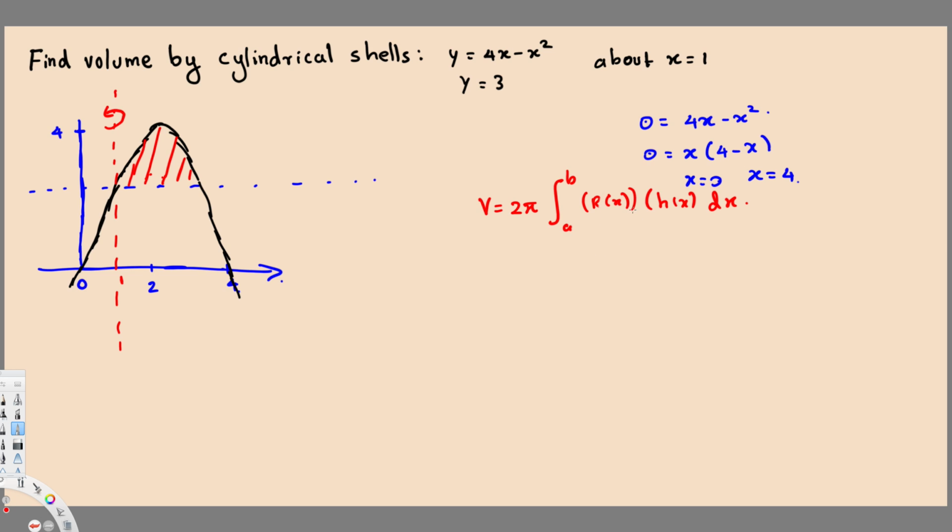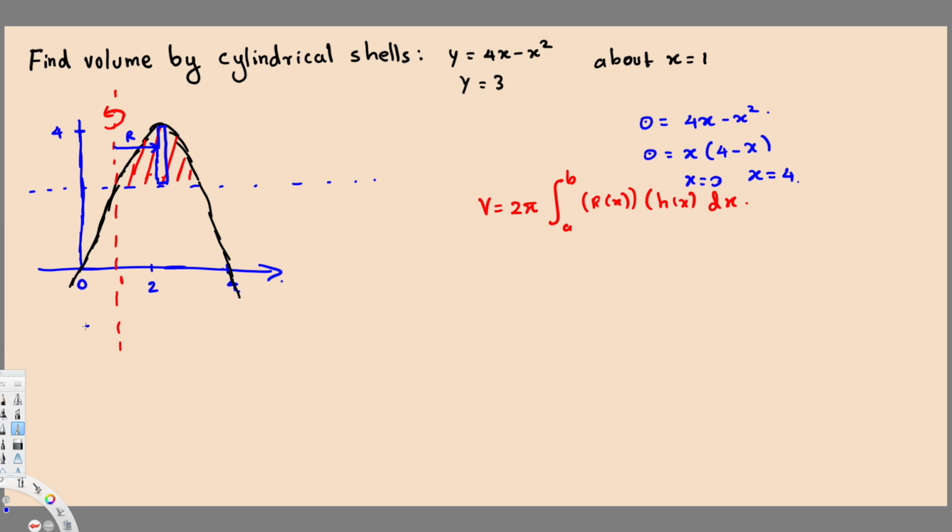The main thing here is we have to find the radius and height. To find the radius, if you draw a rectangle right here, you can draw it wherever you want, the distance from the axis of rotation to the rectangle is going to be r, right?